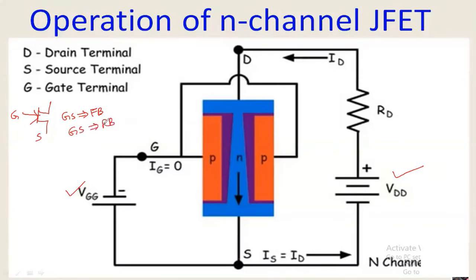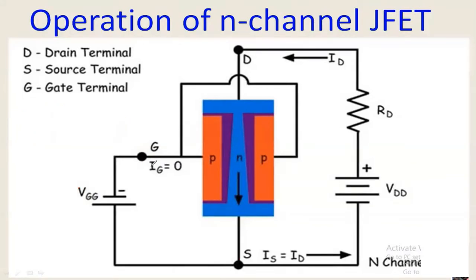So you have to understand this difference. In the symbol, the arrow mark is indicated such that the gate source junction is forward bias, but in the working, the applied voltage is such that the gate source junction is reverse bias. Please note this difference.